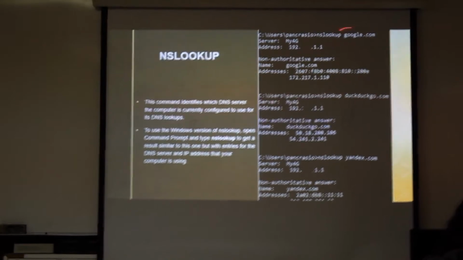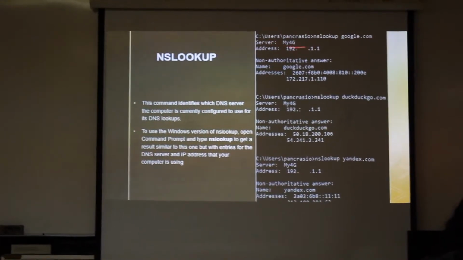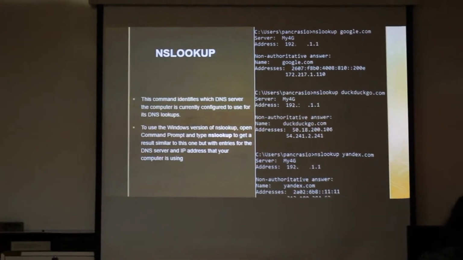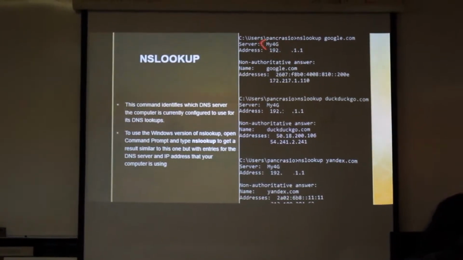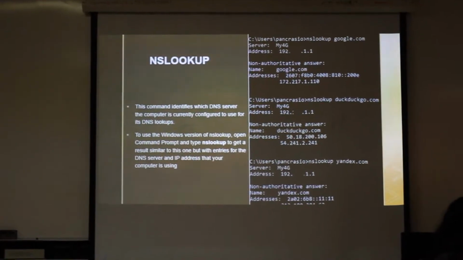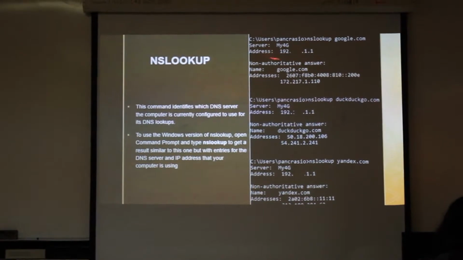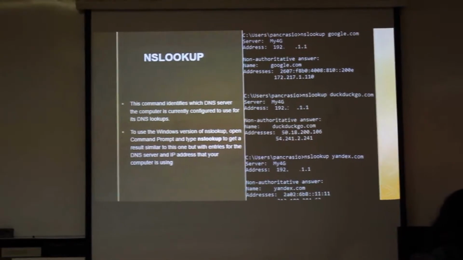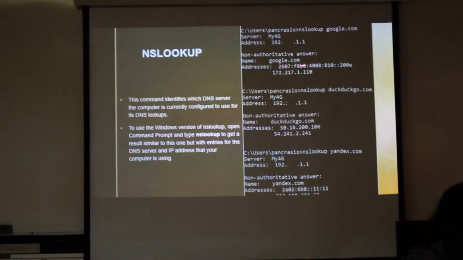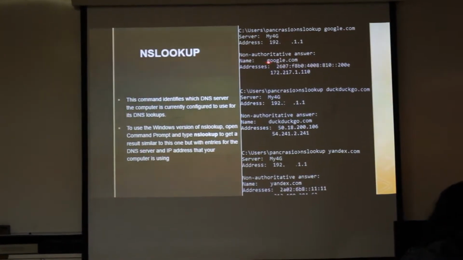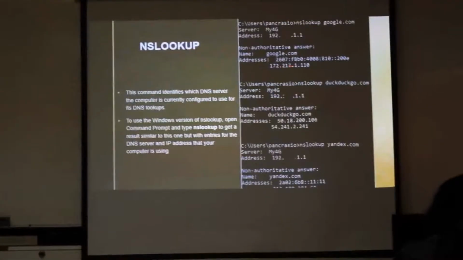So I enter the domain, and the server that serves as a resolver server is my EE 4G, that provides me the service. This is my IP address, and finally it shows the name of the domain that I entered, the IP in version 6 and version 4.